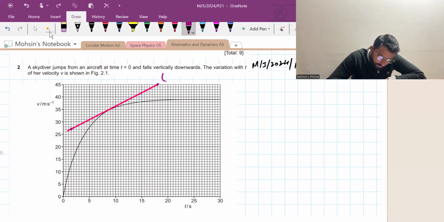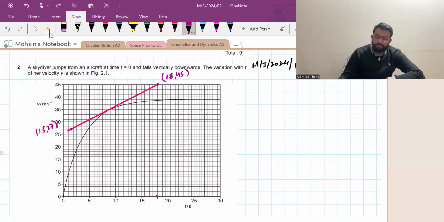So this is basically at 18, 45, and this point is at 1.5, 27.